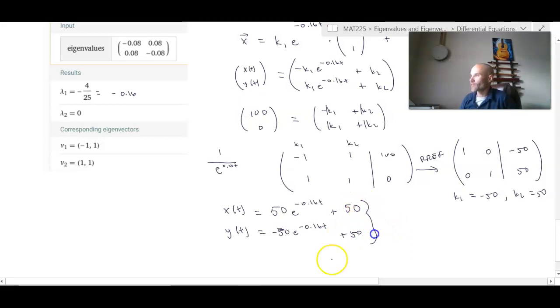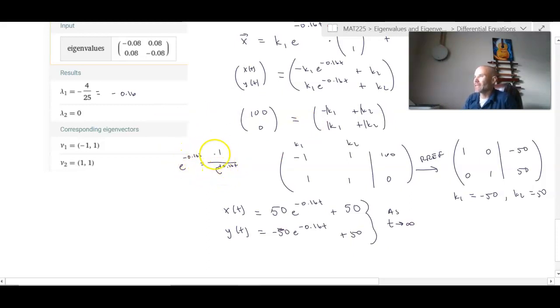Now we're going to graph this, we're going to see what's happening in these two drums, but I want to just do a quick analysis. As t gets larger and larger, as t approaches positive infinity, note that e to the negative 0.16 t is the same thing as 1 over e to the positive 0.16 t. So as time gets bigger and bigger, this thing is going to approach 0, right?